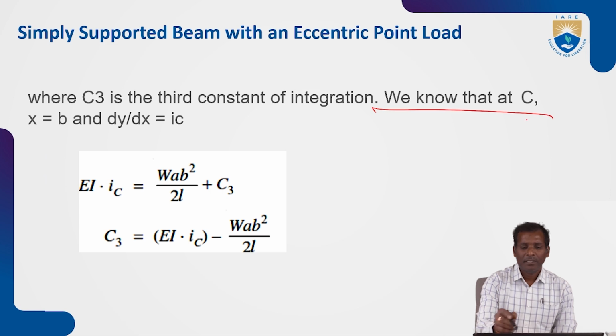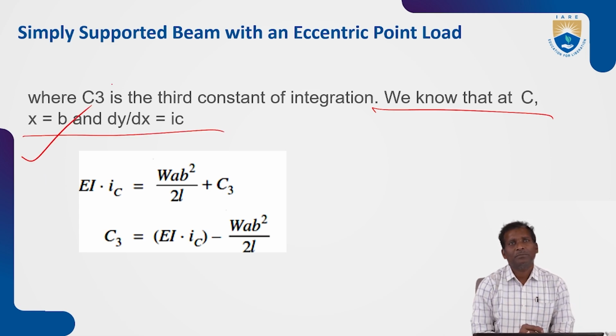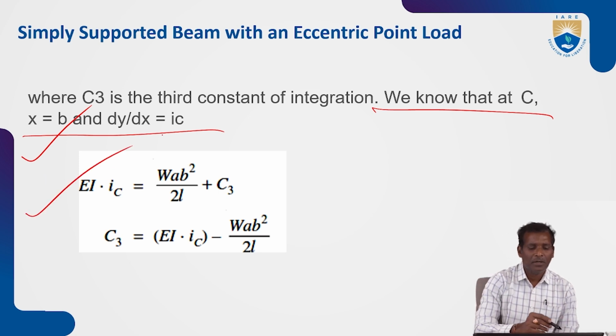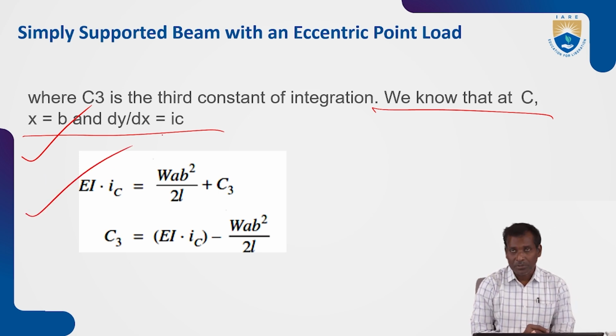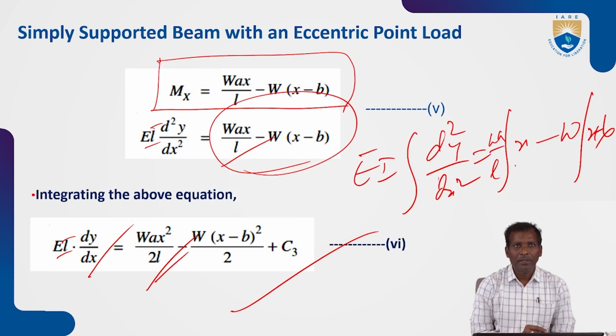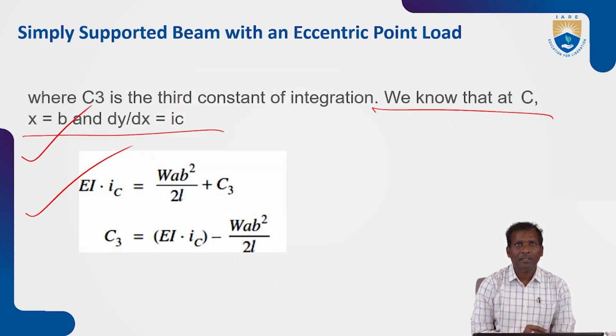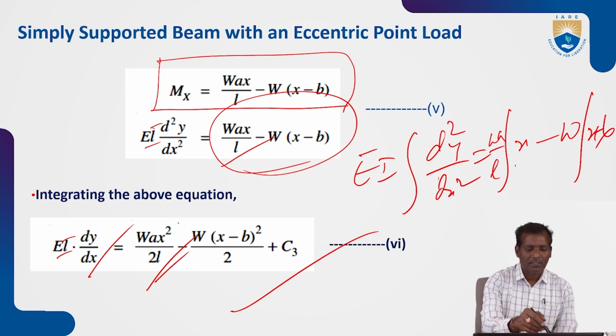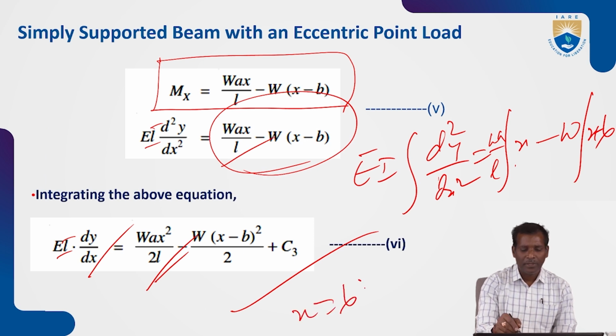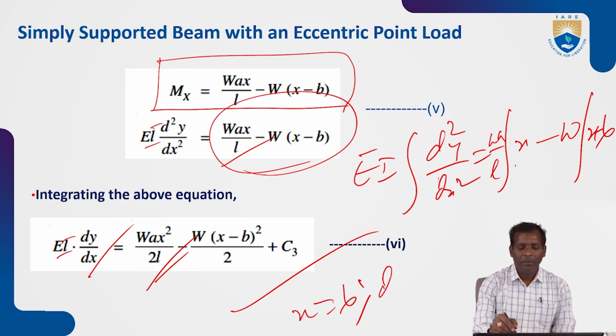We know that at C, X is equal to B, and dy by dx, that is theta, is the slope at point C. Substitute X is equal to B and dy by dx is equal to theta C in this equation.